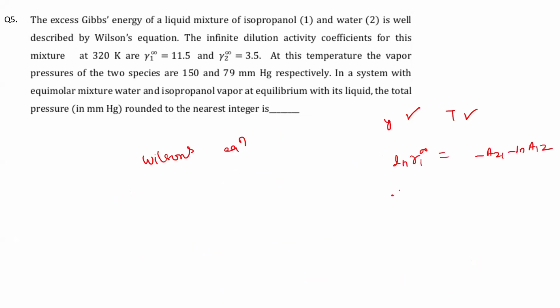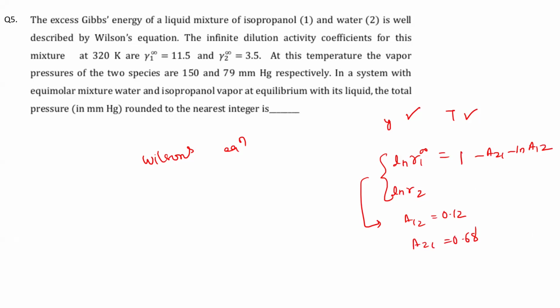Okay, and similarly for the ln gamma 2 infinity. And you have to solve these both equations. You will get A12 is equal to 0.12, A21 is equal to 0.68. So I'm leaving all the calculation part for you people, because then you will realize how easy it is. Okay, right.